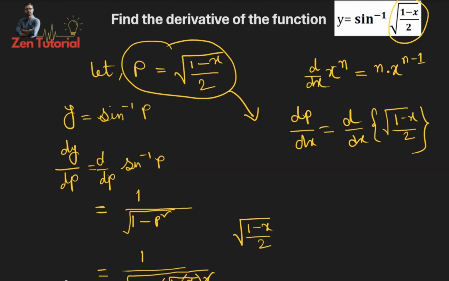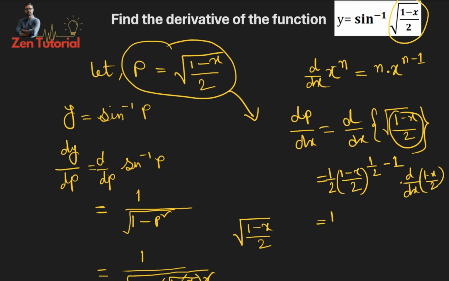Here the main variable is this part, right? So what you can write here is 1 minus x over 2 to the power half. This half is n, so half and half minus 1, and we have to differentiate the inside part as well. So d over dx of 1 minus x over 2.